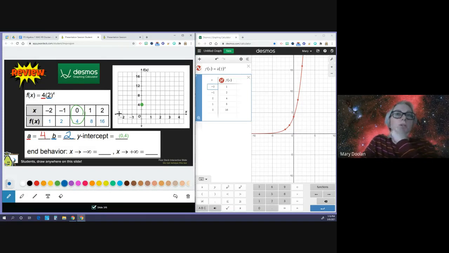So -2, 1. Pay attention to the scale when you graph your points. -1, 2, 1, 8, 2, 16. And you would connect those with the line as best as you can.